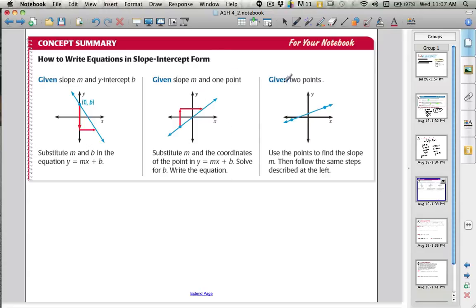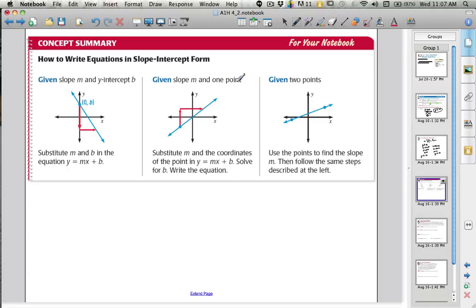As we go through, we want to remember all the different ways that we might write the equation. They can give me the slope and the y-intercept. That's what we've learned so far, right? The slope is m and the y-intercept is b.